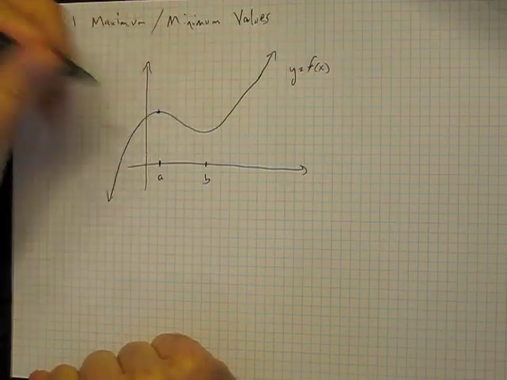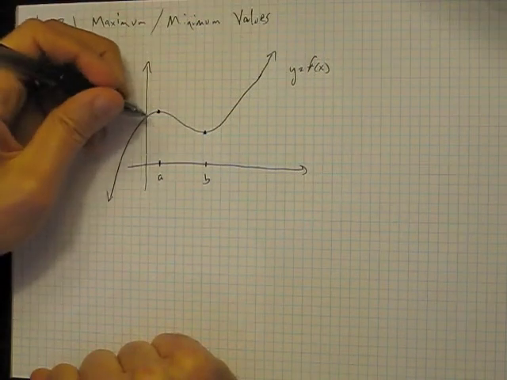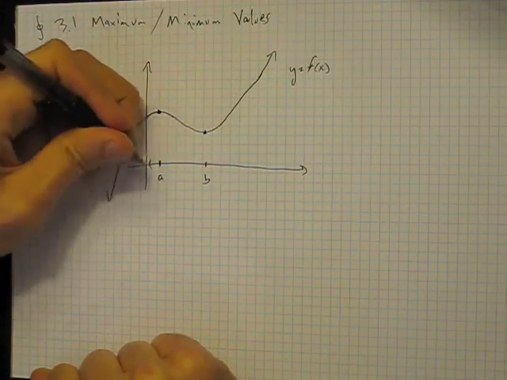So this point right here and this point right here, take a look. This point on the graph is a little bit higher up than all of the points that are nearby to it.